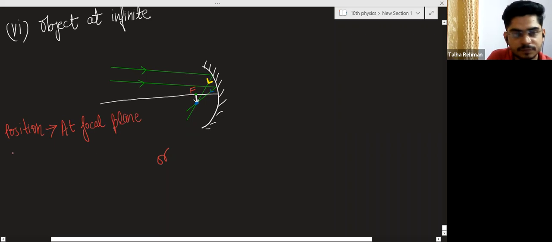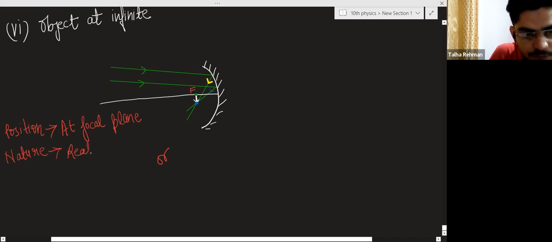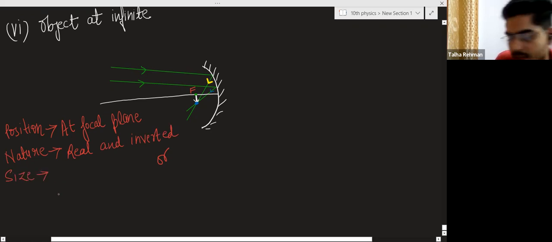And nature: rays are actually meeting, so we can say real and inverted. And size: very small compared to the object.